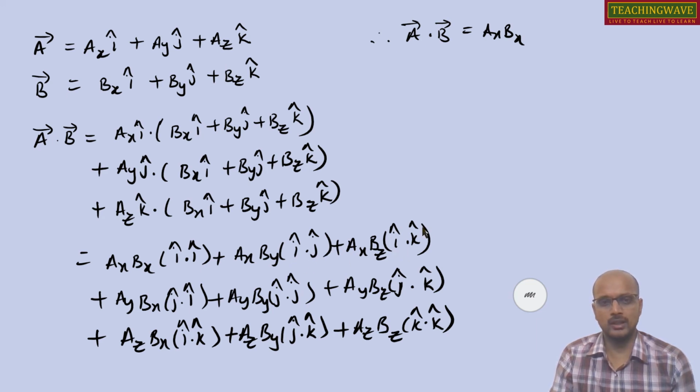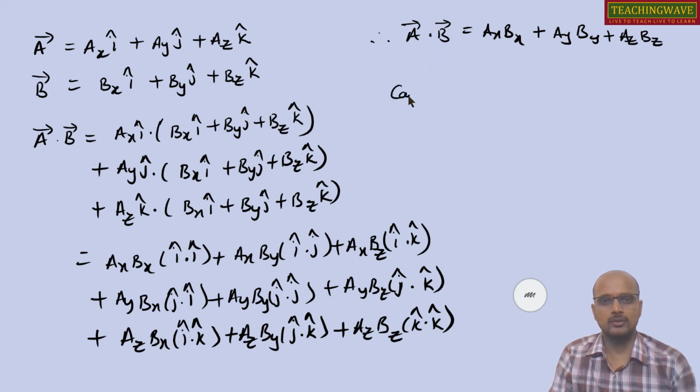Similarly i cap dot k cap value is 0. Therefore after calculation we get a bar dot b bar is equivalent to ax bx plus ay by plus az bz. This is the dot product between two vectors in rectangular component representation, if they are given.